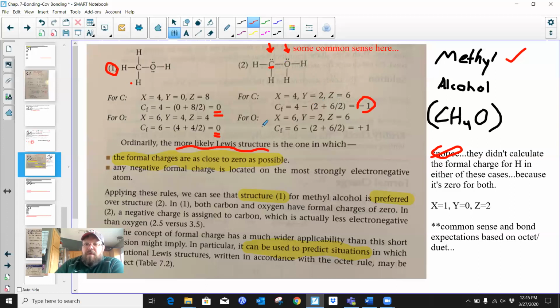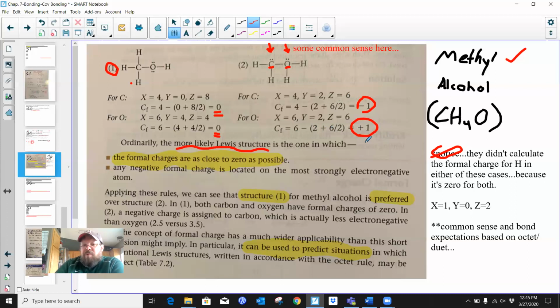Okay. Oxygen, same thing, right? So here's the oxygen in this structure. 6 valence electrons in an unpaired atom. How many does it own exclusively by itself? 2. Z value of 6: 2, 4, 6 bonded electrons surrounding that atom. 6 divided by 2 is 3. 2 plus 3 is 5. 6 minus 5 is plus 1.